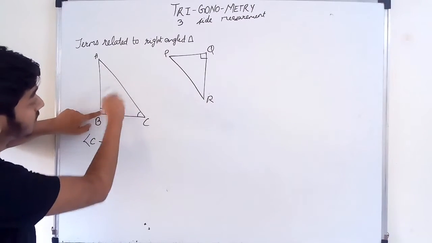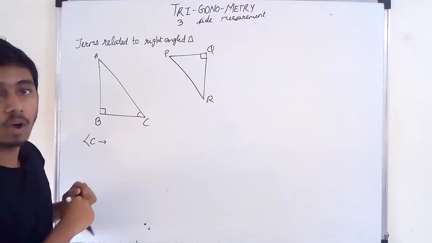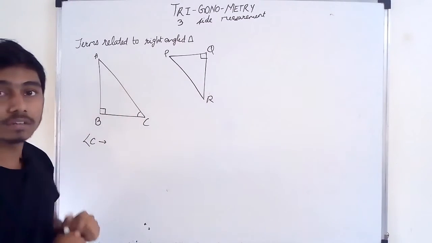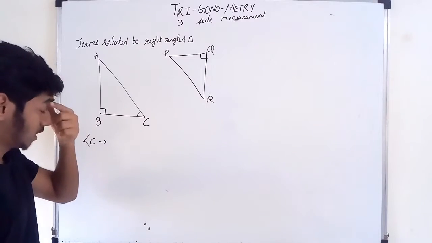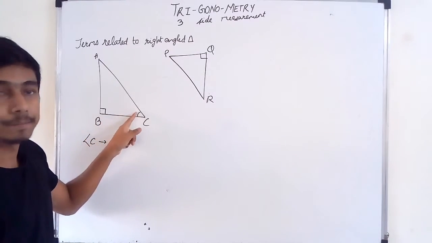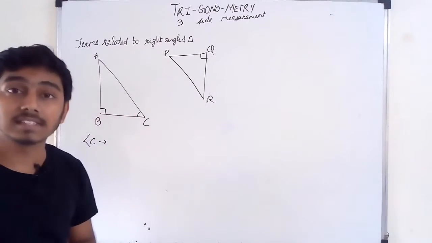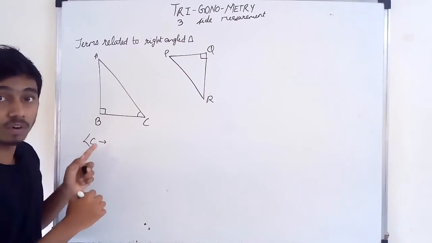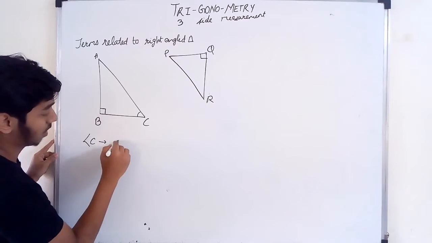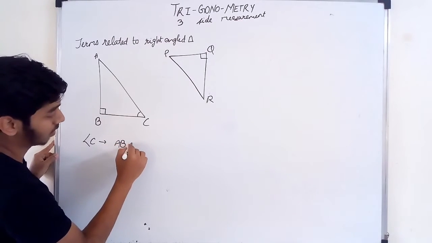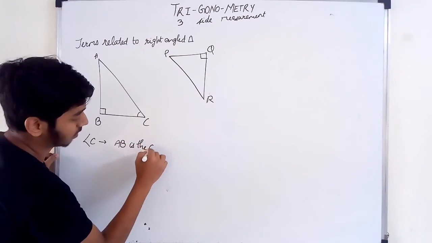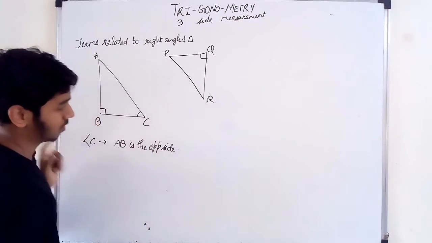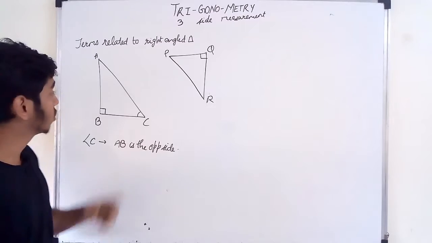So this is the opposite side of this angle. Opposite means they are apart, right? Opposite to each other. Yes or no? Same way for this angle, AB is the opposite side. So for angle C, AB is the opposite side. Yes or no?